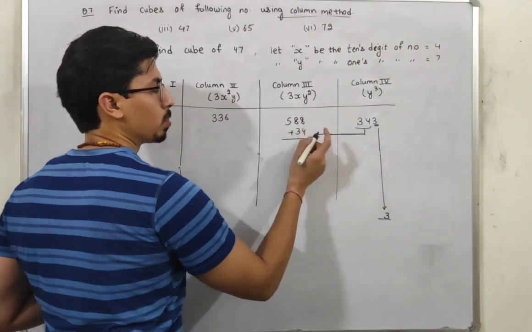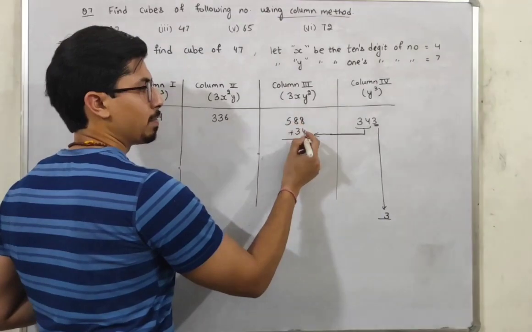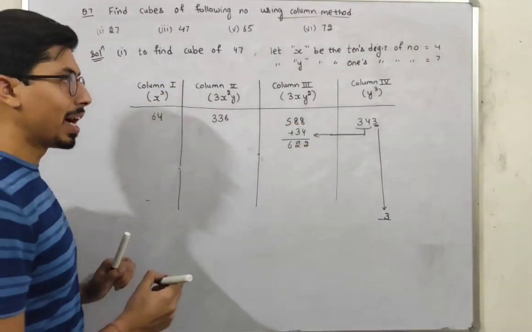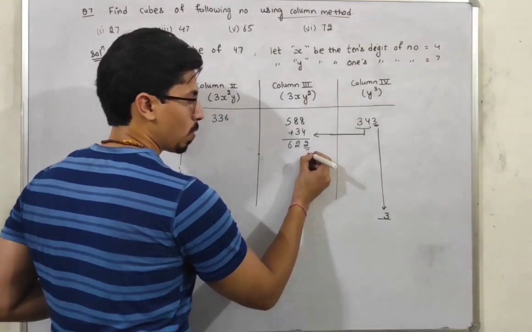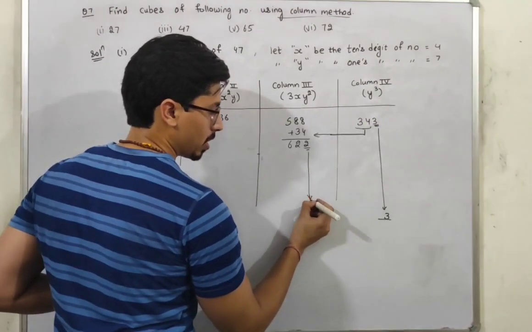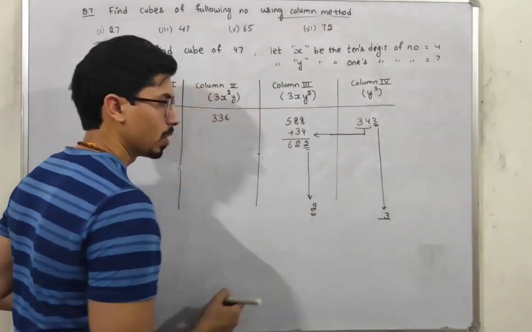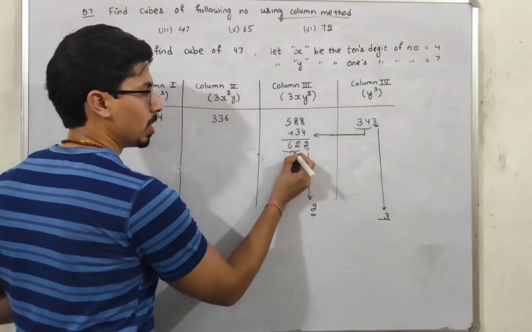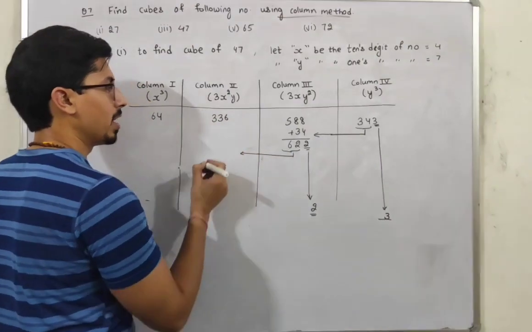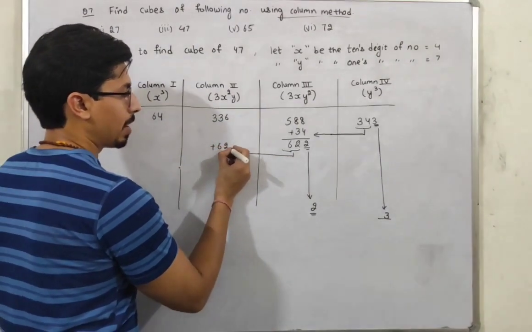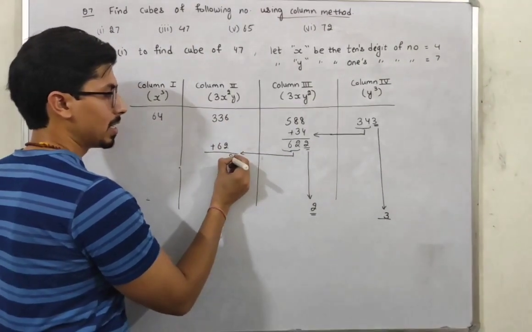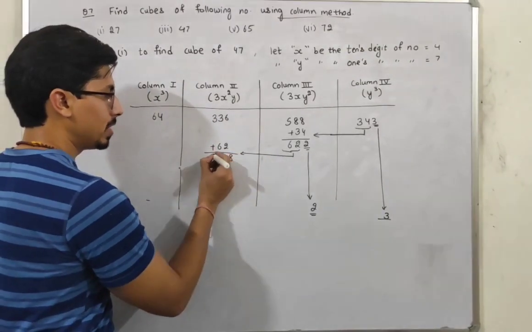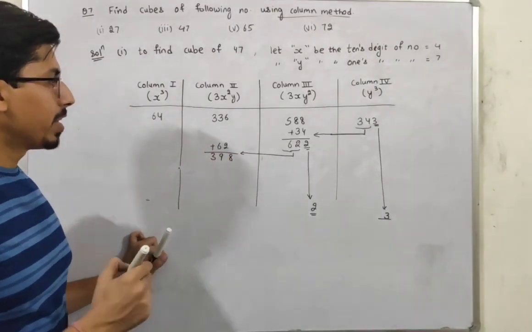It will be 62, and the last digit is 2. Just take 2 and write it here. The remaining number is 62 now, so just take 62 and put it here and add it. After adding, it will be 398.